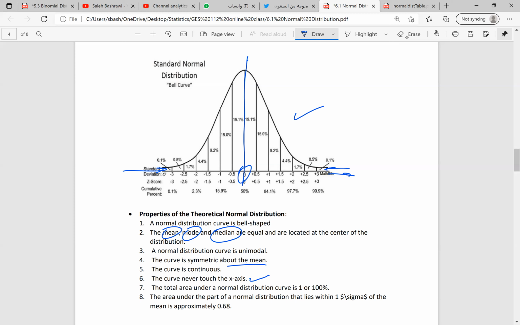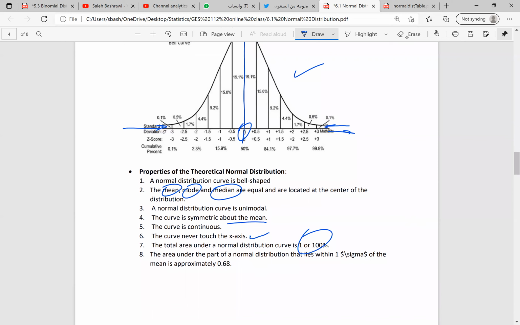The total area under a normal distribution curve is equal to 1, or 100% in probability. The area under the part of a normal distribution that lies within 1 sigma of the mean is approximately equal to 0.68. 1 sigma means the standard deviation.